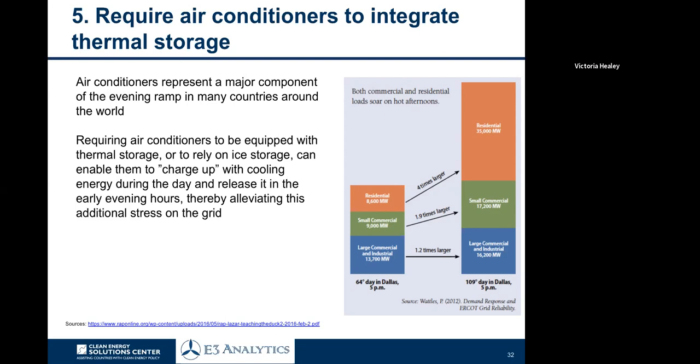I mean, this is a huge challenge. So there's a major need for re-envisioning how we do air conditioning. And these alternatives can really provide a powerful alternative to current air conditioning technologies, with a number of benefits for the grid and for customers.